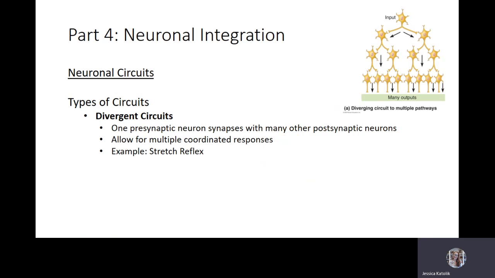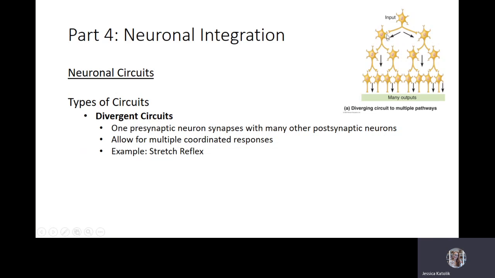So divergent circuits are going to have essentially a single neuron that's going to have multiple collateral axons coming off of it. So we have an axon, and then it will branch into collaterals, and those collaterals can synapse to multiple other neurons.